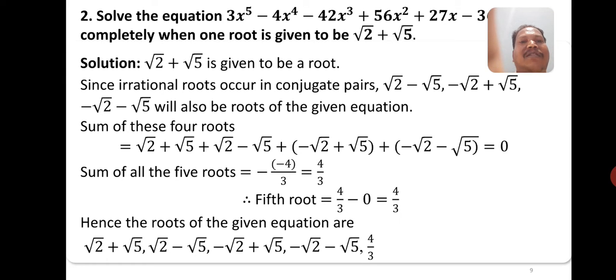Therefore, sum of all these four roots, after simplification, becomes 0. But sum of all the 5 roots equals minus of minus 4 by 3 equals 4 by 3. Therefore, fifth root equals 4 by 3 minus 0 equals 4 by 3. Hence, the roots of the given equation are root 2 plus root 5, root 2 minus root 5, minus root 2 plus root 5, minus root 2 minus root 5 and 4 by 3.